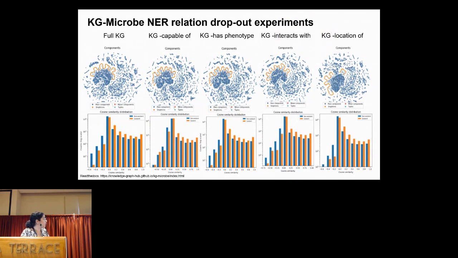That's a good point. So we have a lot more Disney plots for different nodes and edges. These ones were looking at components of the graph, and this was just for KG microbes. So all the singletons, I think, are highlighted in the yellows. We had an idea of how changing the orientation might give us a better idea of how the structure changes, but then we find out that you're not really supposed to change them that way.